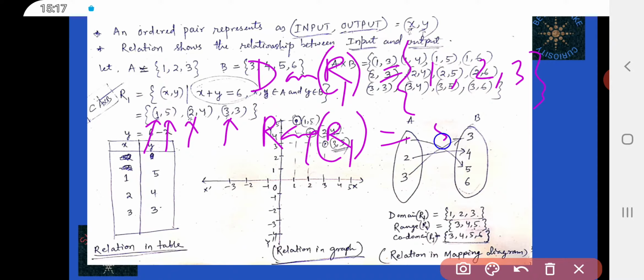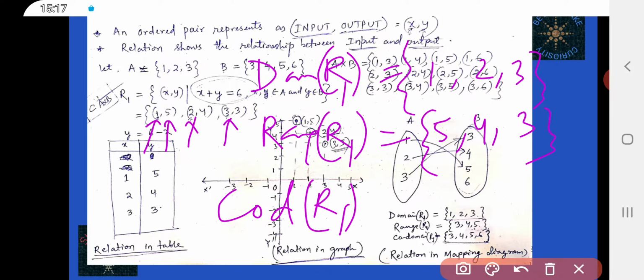So 5, 4, 3. And codomain of R1, you know what? It is the set B. Here, this set B. So 3, 4, 5, 6 is your codomain.